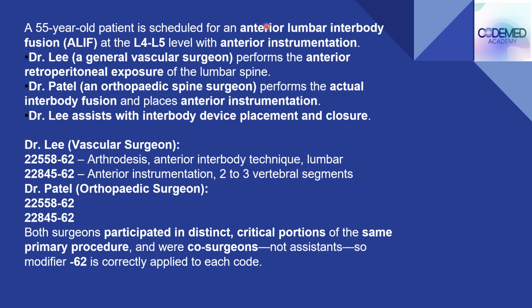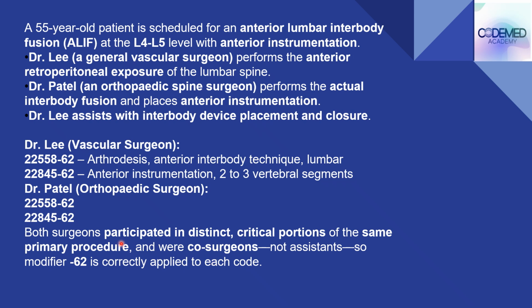A 55-year-old patient is scheduled for an anterior lumbar interbody fusion at the L4 L5 level with anterior instrumentation. Dr. Lee, a general vascular surgeon, performed the anterior retroperitoneal exposure of the lumbar spine. Dr. Patel, an orthopedic spine surgeon, performed the actual interbody fusion and placed the anterior instrumentation. Dr. Lee remained scrubbed in and assisted with the interbody device placement and the closure.